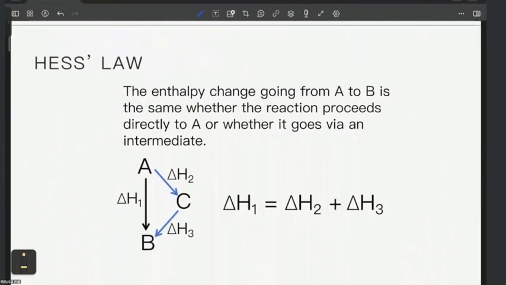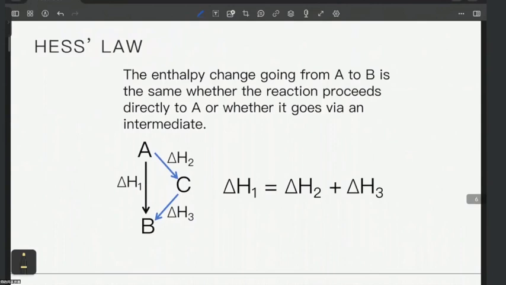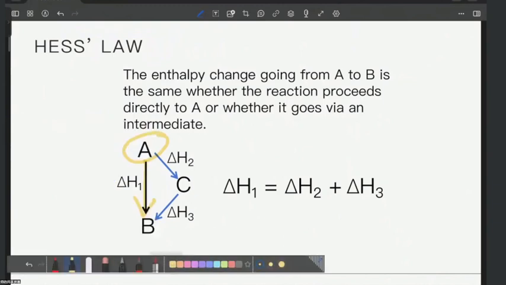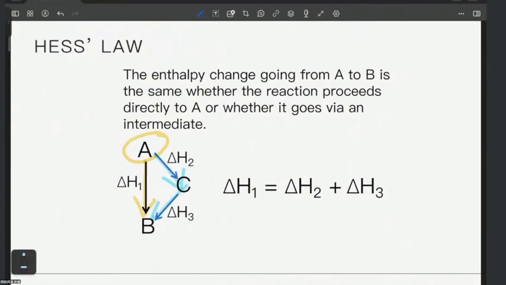You can look at this diagram. From A, which is some reactant, you can go directly to B, and B is the product. Or you can go a different path from A to C and C to B, which means you can use this cycle to calculate the different enthalpy changes.